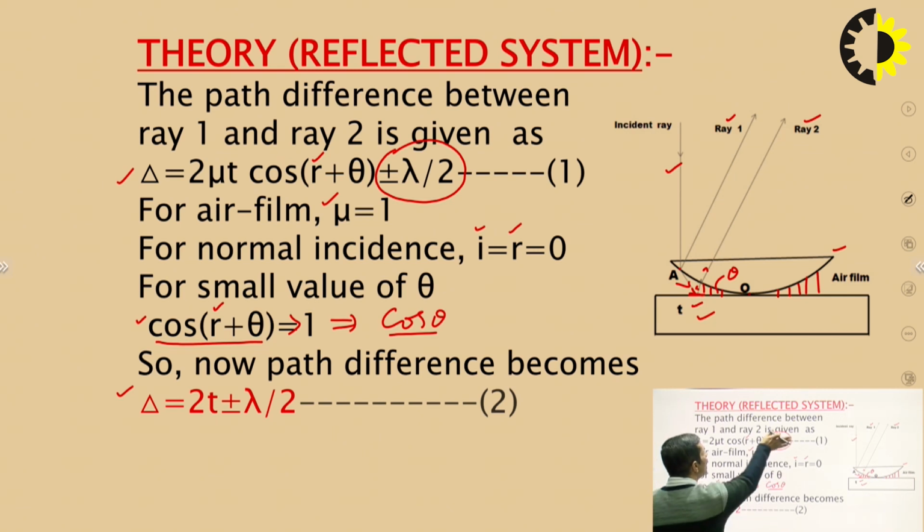So we have to put this factor plus or minus lambda by 2 here. Again, according to Stokes' law, if a light ray is reflected from the denser medium, there will be an extra phase difference of pi, or a path difference of lambda by 2. Finally, the path difference in our case will be 2t plus or minus lambda by 2.